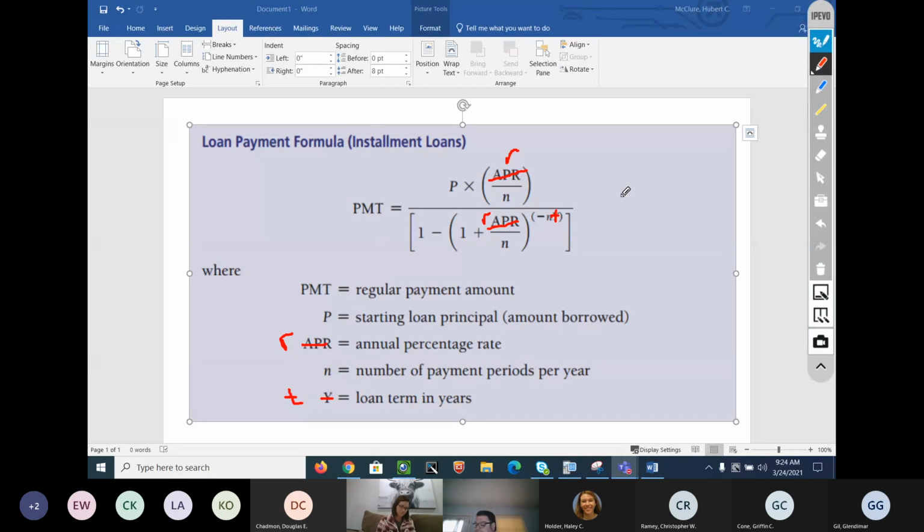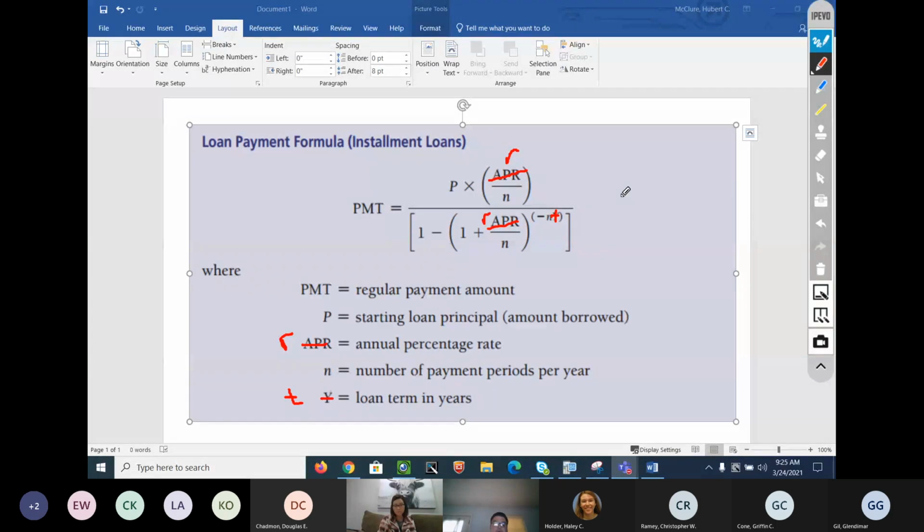Now, I sometimes do this because I don't like the negative NT power. So what I do is I put 1 over 1 plus R over N raised to the positive NT power. Okay, now that's just something I do.